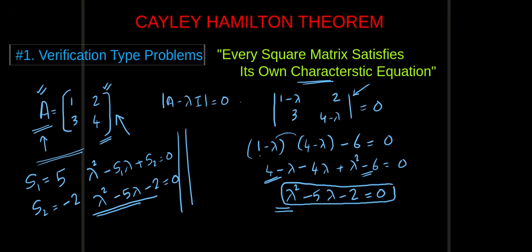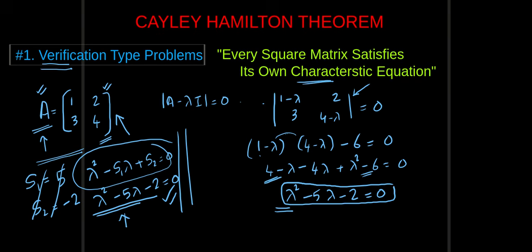Anyway, I prefer this method because we can write the answer even without writing S1 and S2, because we can calculate those things in our mind. So this is really fast, and if you don't want to memorize this formula, you can go for the determinant method. Anyway, we have the characteristic equation. So what exactly are we supposed to verify?